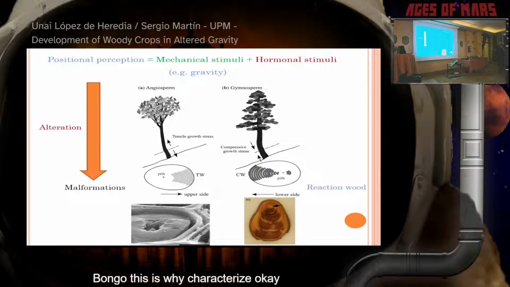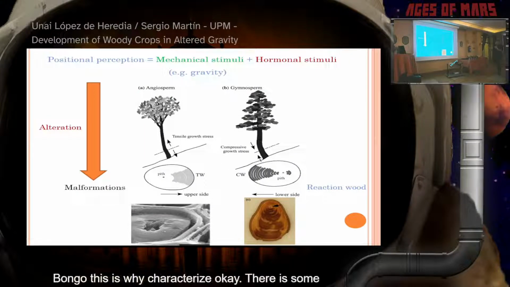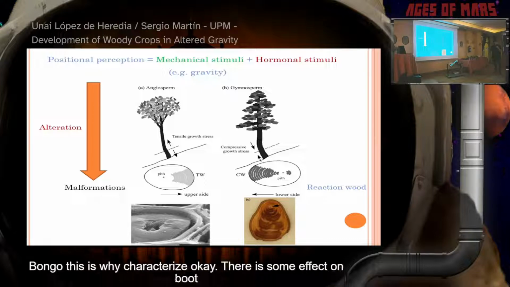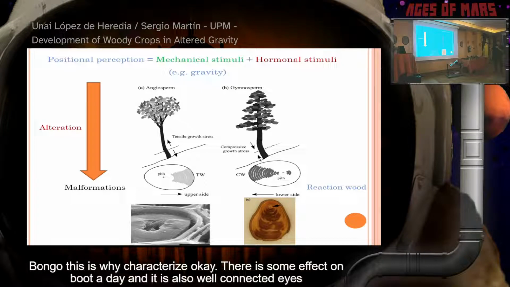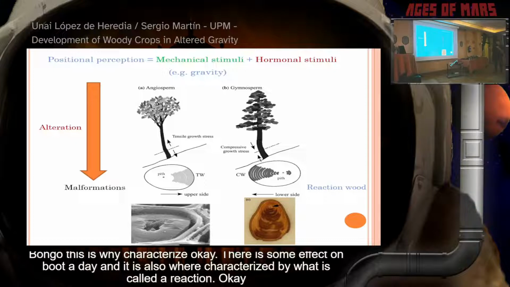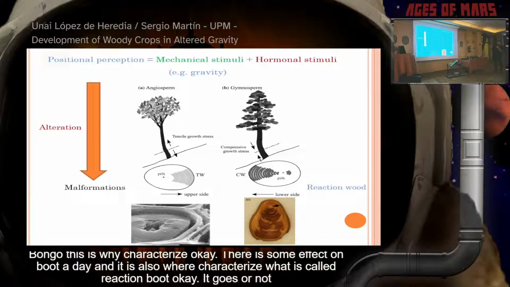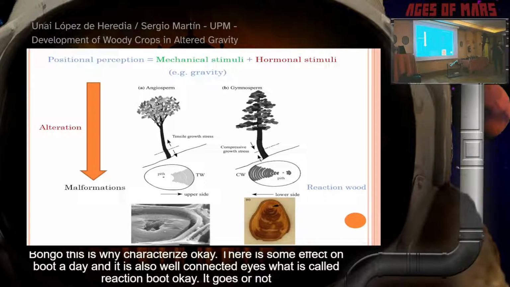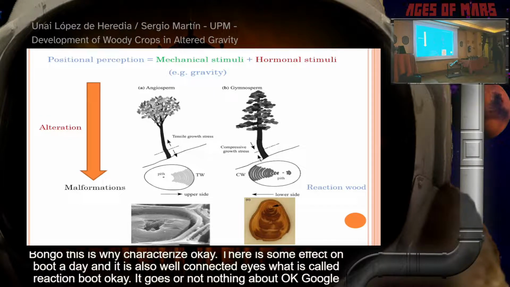In woody plant species we also know that there is some effect on wood, and it is also well characterized: what is called reaction wood. This reaction wood is wood that is produced by the tree when, for instance, it grows not in the vertical. So there are two strategies to counteract the effect of this curvature of the soil.